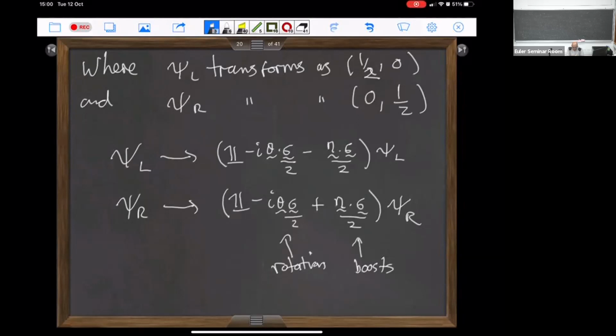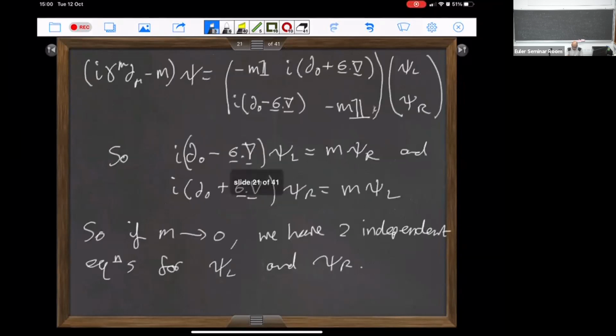And so we have the rotations given by angles theta 1, theta 2, and theta 3, and we've got the boosts given by the boost parameters eta 1, eta 2, and eta 3. We're going to use these expressions in a moment when we discuss solutions.